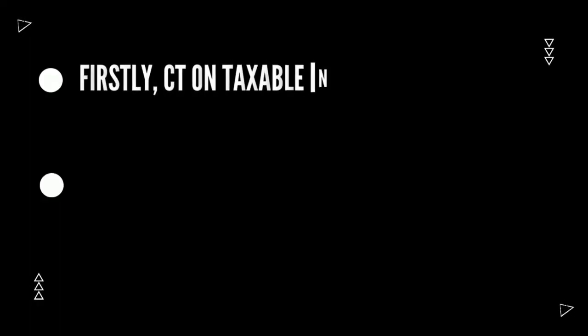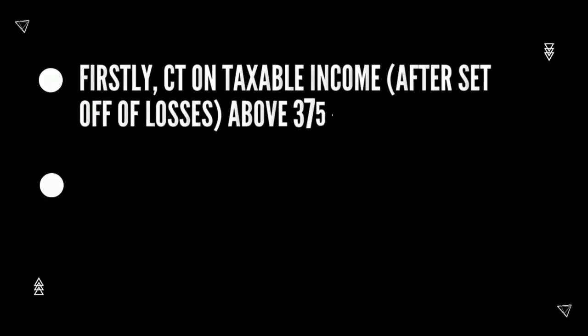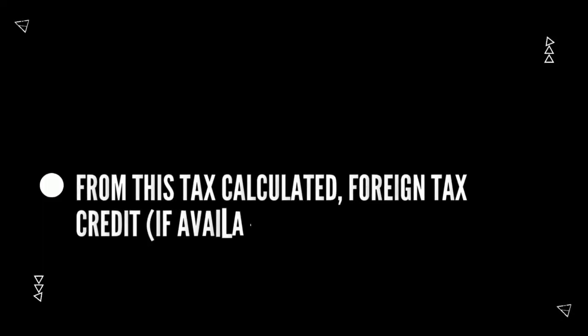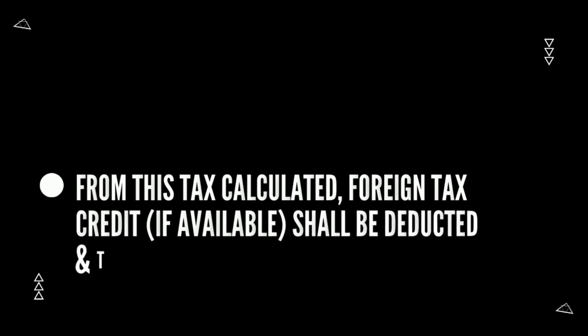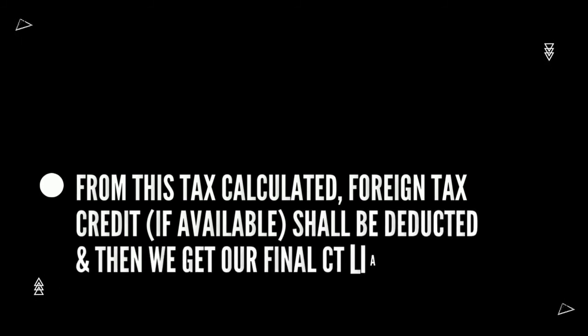Thus, in a nutshell, I can say that the corporate tax liability shall be calculated as follows. Very first, corporate tax will be calculated on taxable income above 375,000 dirhams at the rate of 9%. From this tax calculated, foreign tax credit, if any, which is available, shall be deducted, and then we shall get the corporate tax liability at the end.